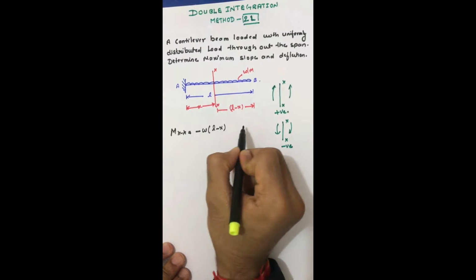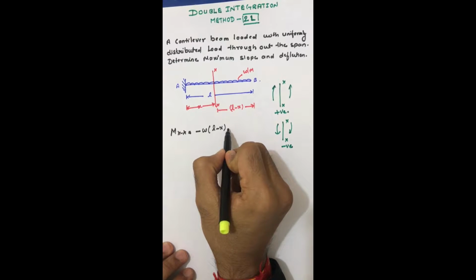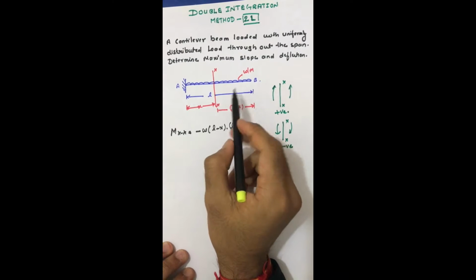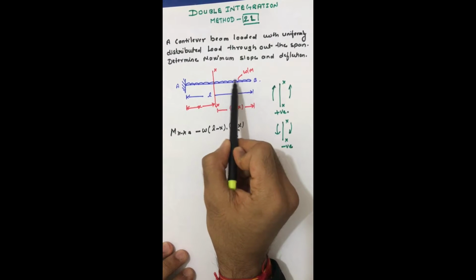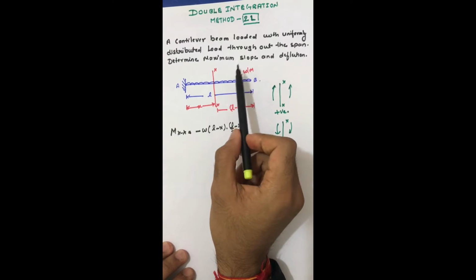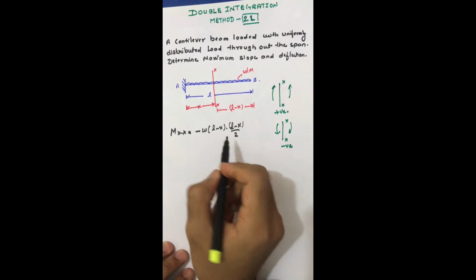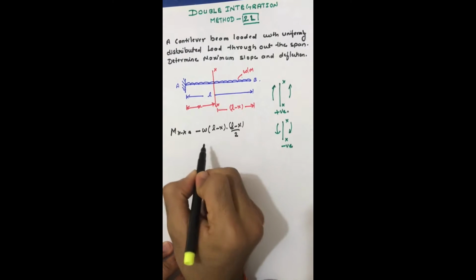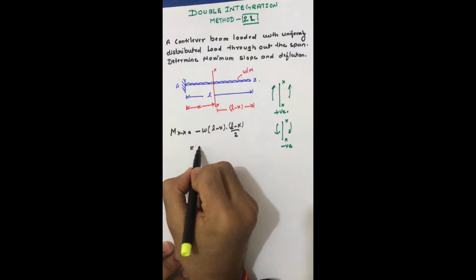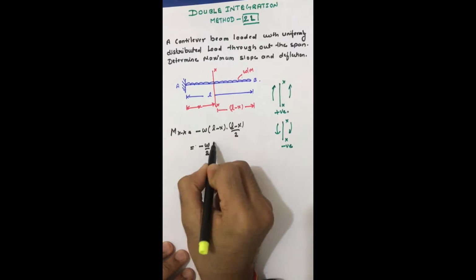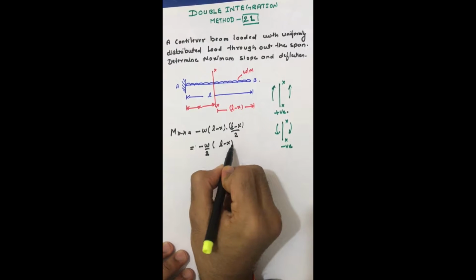Since the given load is uniformly distributed, it will again be multiplied by L minus x divided by 2, because the net resultant of the uniformly distributed load will come at the center. So it will be minus W divided by 2 into (L minus x) whole square.